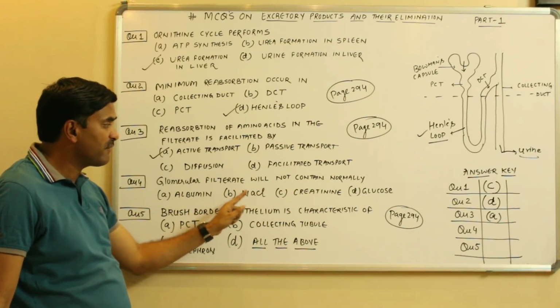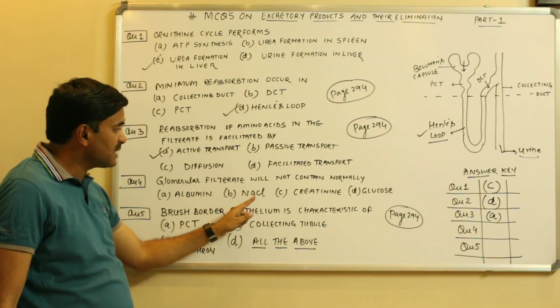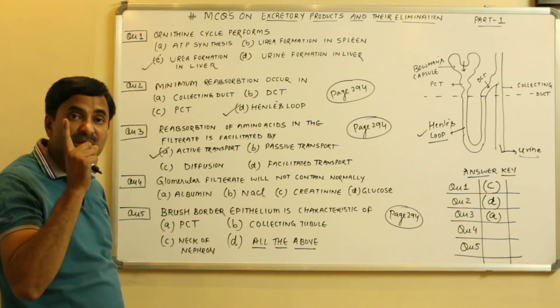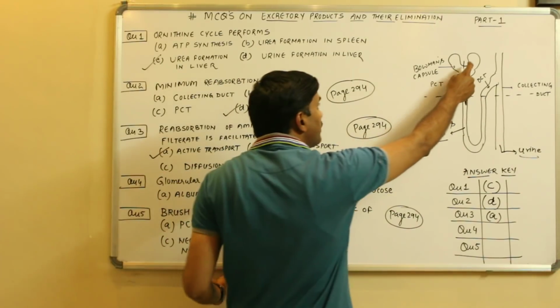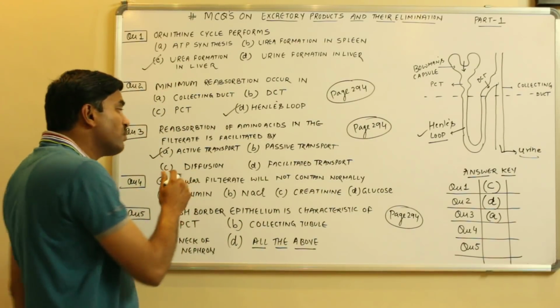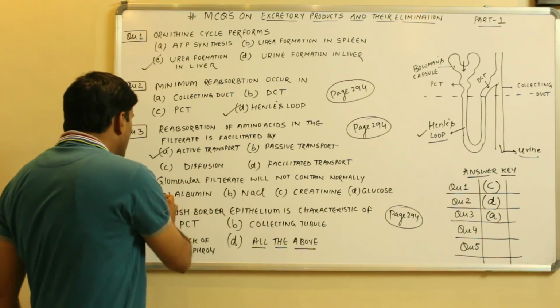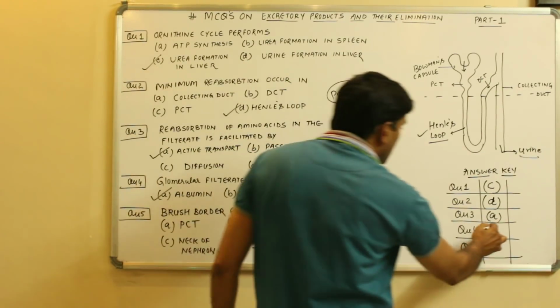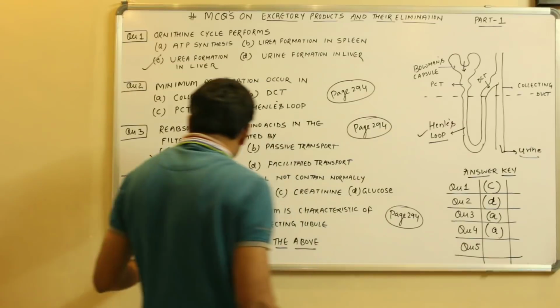We see that in the nephric filtrate NaCl, creatinine, glucose are present, but albumin is not present because albumin is a protein and it is never filtered by the membrane present in the Bowman's capsule. So glomerular filtrate will not at all contain the protein, and the protein given here is albumin. So question number 4 is having the answer A.